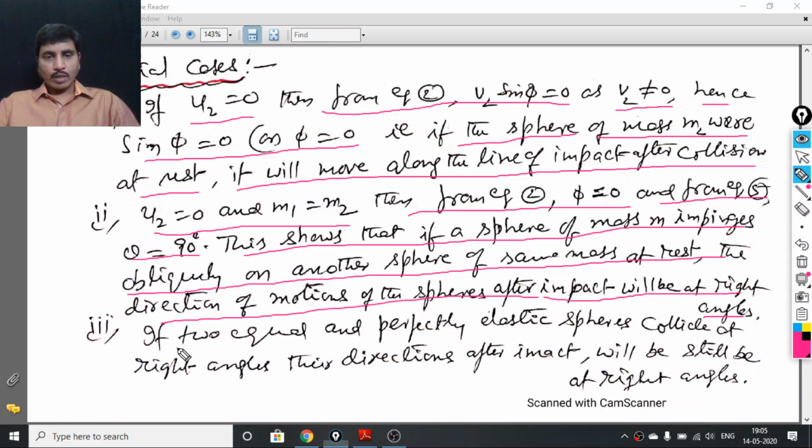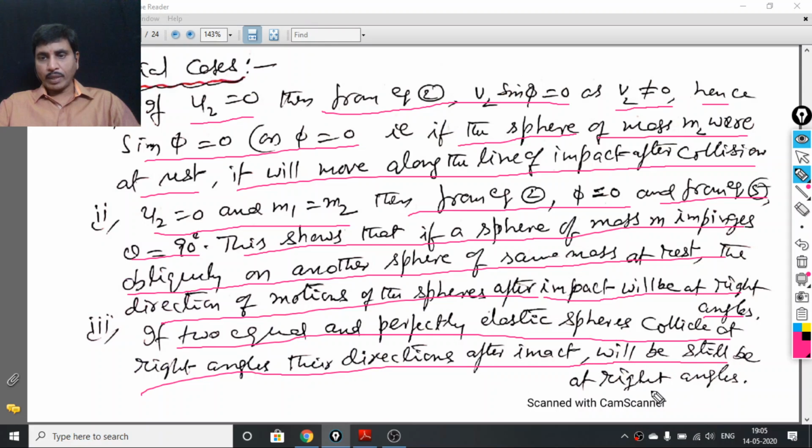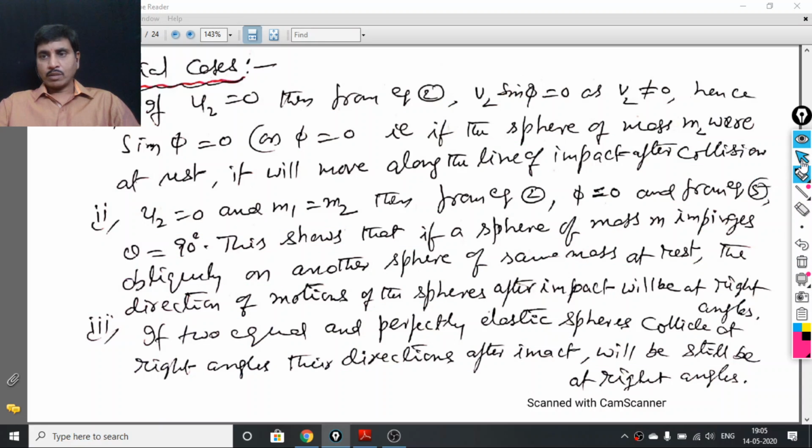Third case, if two equivalent perfectly elastic spheres collide at right angles, their directions after impact will still be at right angles. In this way, we can describe the two-dimensional oblique collision.